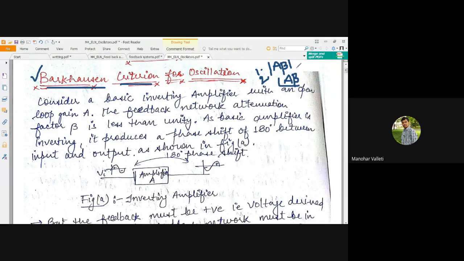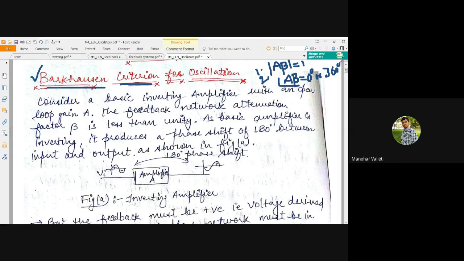Barkhausen says any circuit to generate sustained oscillation, sustained oscillation means stable amplitude and stable frequency, has to satisfy these 2 points. The loop gain has to be unity, and the loop phase has to be 0 degrees or 360 degrees.